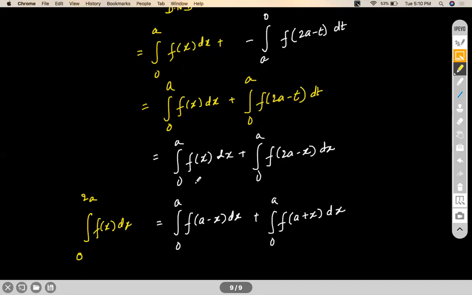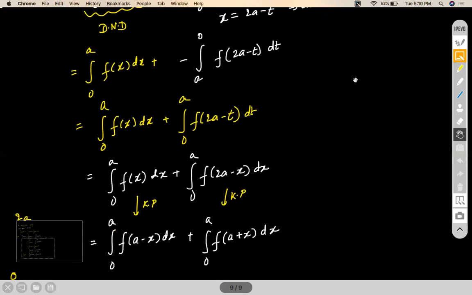Basically, I've applied King's property on this and on this. So you'll find this property also written in some places. Is that fine?